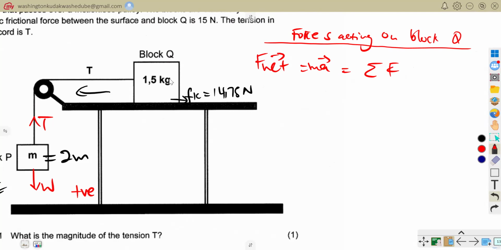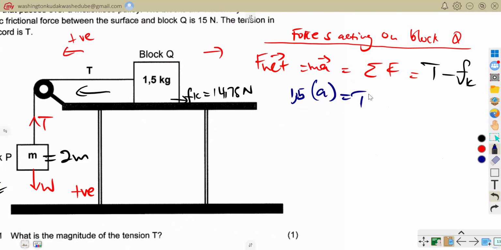On block Q, we've got our tension, which is going to that side, our frictional force going to the other side, and we have that side being positive. So I've got my tension minus my kinetic frictional force. My mass here is 1.5, so I would have 1.5 times my acceleration being equal to T, the tension, which is not known, minus my frictional force, 14.75 newtons.